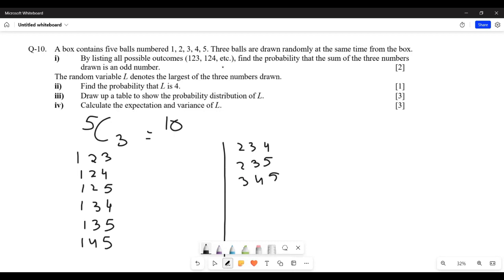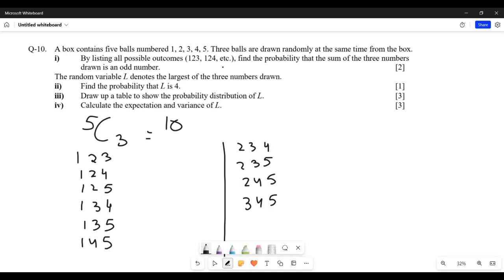I've missed 2, 4, 5, and then 3, 4, 5. All right. So these are 10 outcomes: 1, 2, 3, 4, 5, 6, 7, 8, 9, 10.